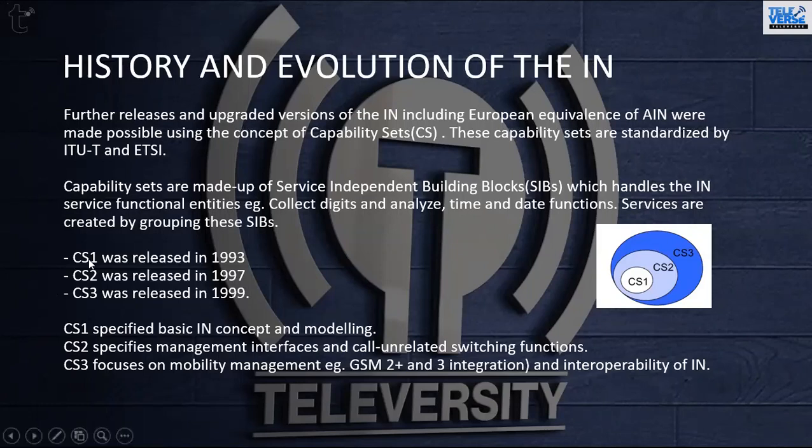And then capability set 1 was released in 1993, set 2 in 1997, set 3 in 1999. So you can see the evolution. Set 1 specified the basic IN concept and modeling. Set 2 specifies management interfaces, core unrelated switching functions, and then focuses on mobility management.